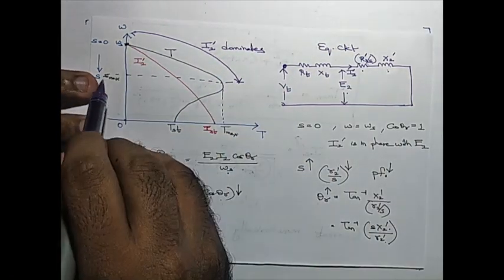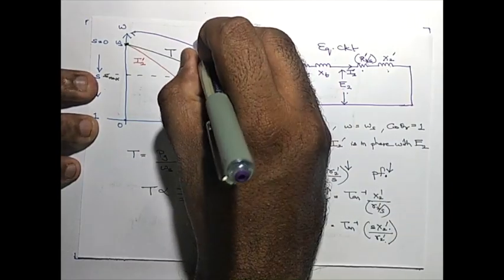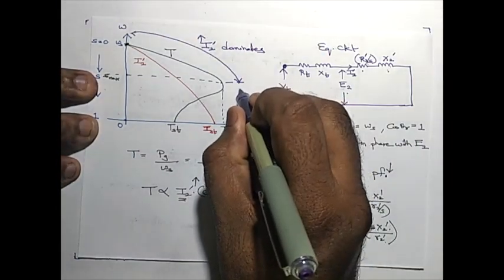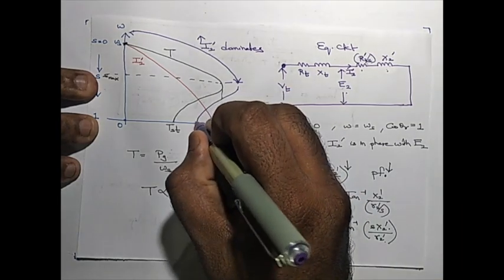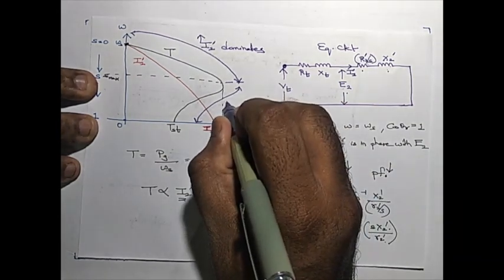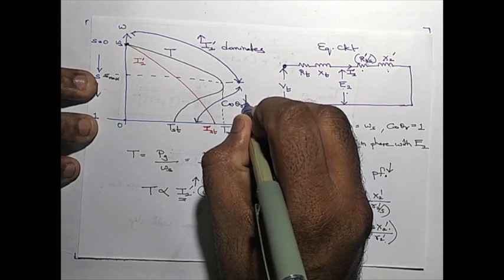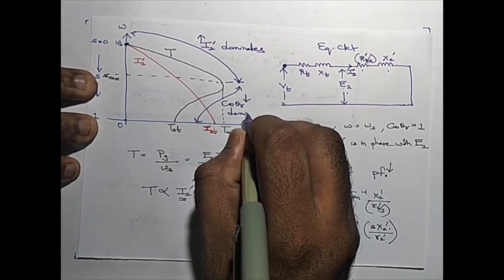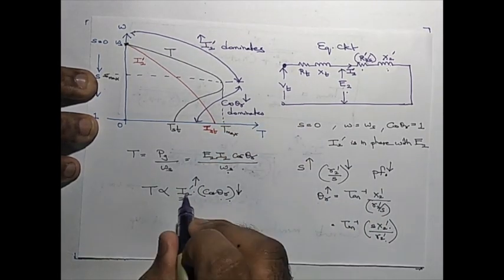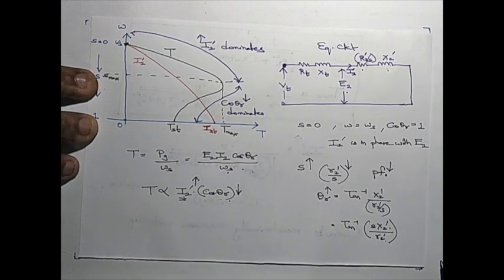From 0 to S max, the effect of increase in I2 dash dominates. And beyond that, from this to this, the decrement in cos theta r dominates. The decrement in cos theta r is more than the increment in I2 dash.